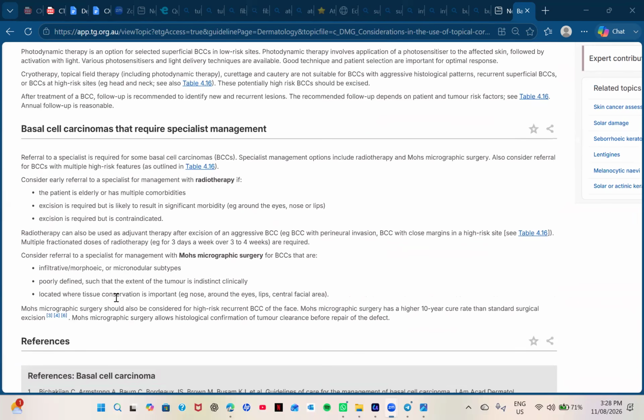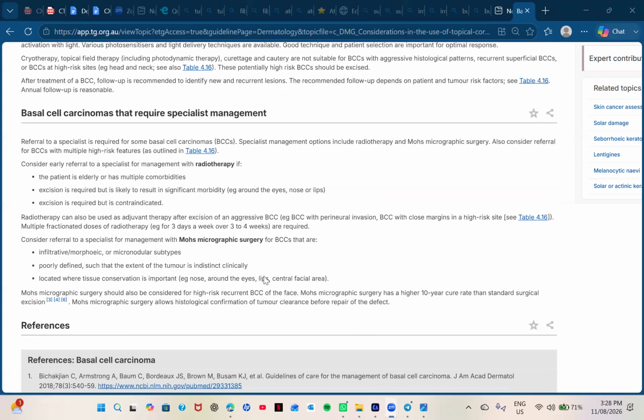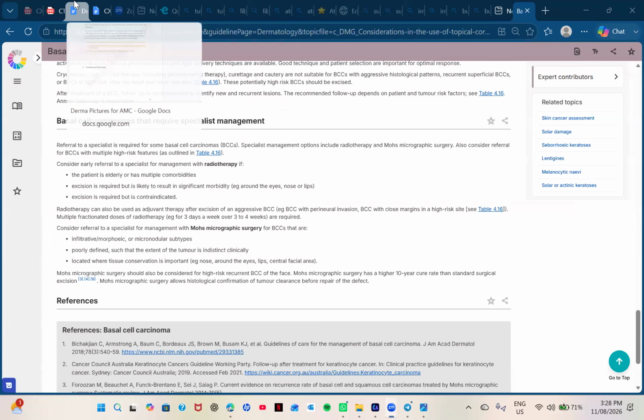If it is infiltrative, morpheaform, or micronodular subtype, poorly defined, with extent of the tumor clinically uncertain, or located where tissue conservation is important, like nose, eyes, lips, central facial area, in that case you refer this patient for micrographic surgery, right? It's a very important thing that you should never miss.